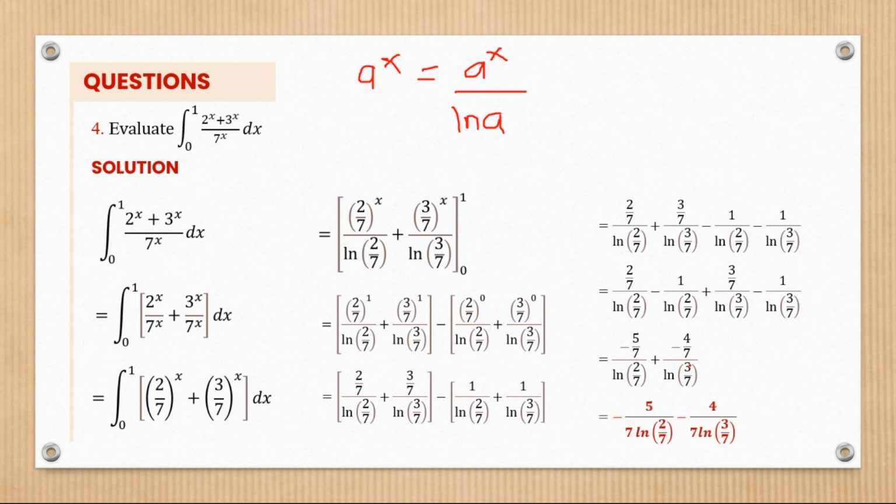And then our answer shall be, because now you can see that this 7 can be taken down, and this 7 can also be taken down, negative 5 over 7 over ln(2/7) plus negative 4 over 7 over ln(3/7), and this is what I end up having as my final answer.